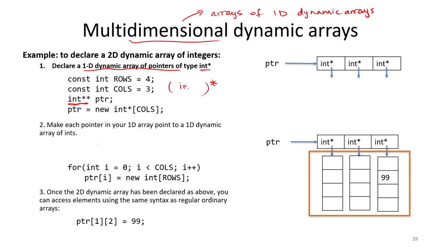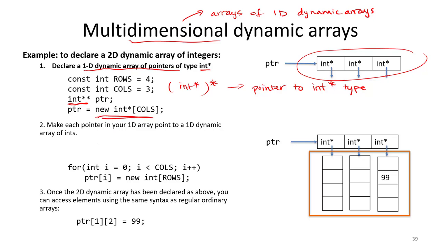So int star star will create a pointer to an int star type. So we're making a pointer type pointer. And then we can use this array of pointers to point to more arrays.